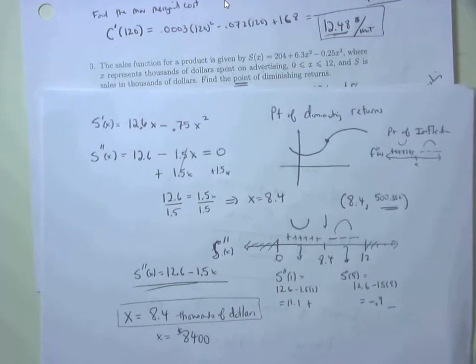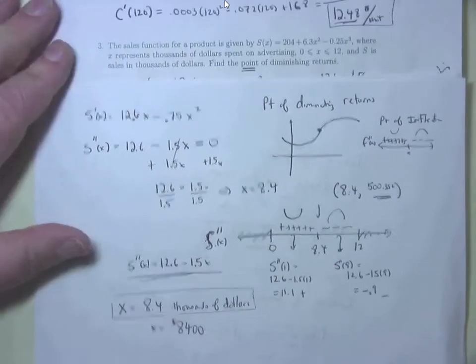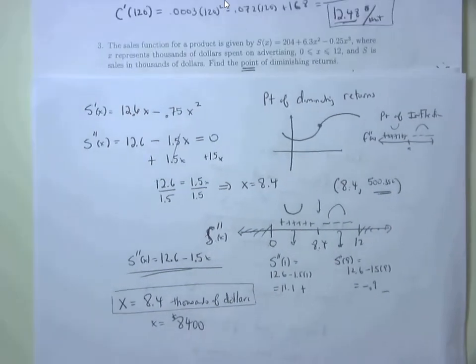If the point is not in the interval, then ignore it. Throw it out. You only care about, in this world, between 0 and 12. If I ever give you an interval and you solve for something outside the interval, it does not exist. Just throw it out. There would be no diminishing return if that was the case.